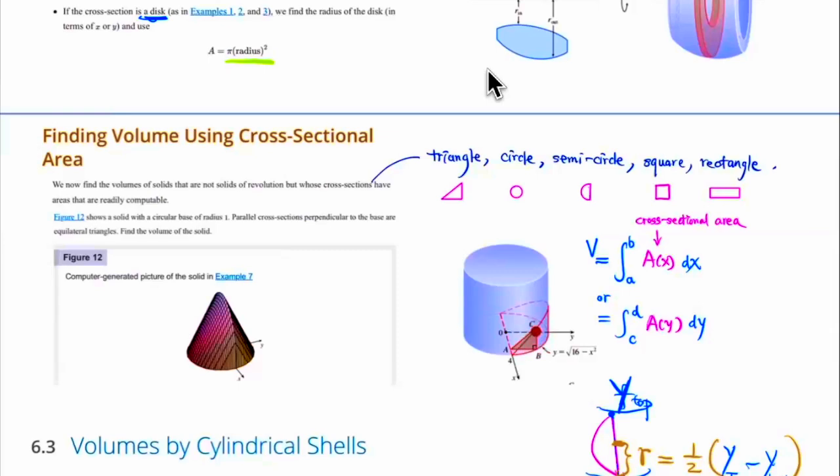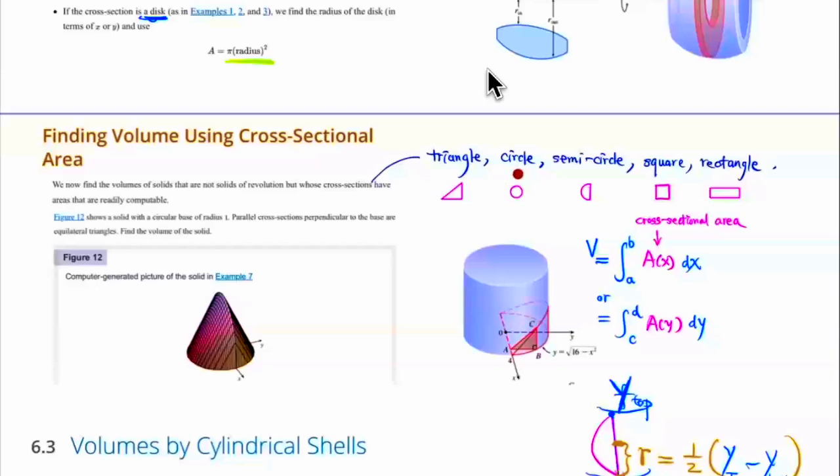You find the cross-section area of this triangle, and then times dx, because this is perpendicular to the x-axis, and then x goes from a to b to find the total volume.